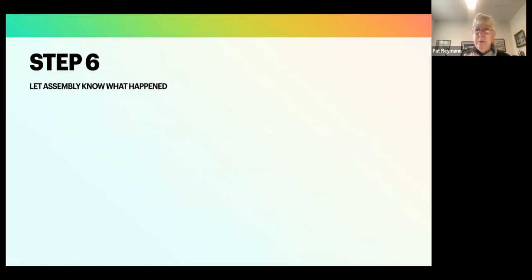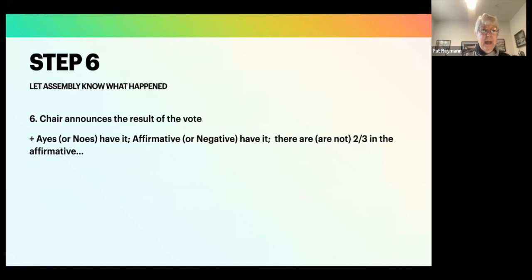But the chair must remember to let the assembly know what happened. The chair must announce the result of the vote, whether the ayes or the noes have it. Notice how you spell noes, N-O-E-S. Took me a long time to find that. It's like potatoes, N-O-E-S.